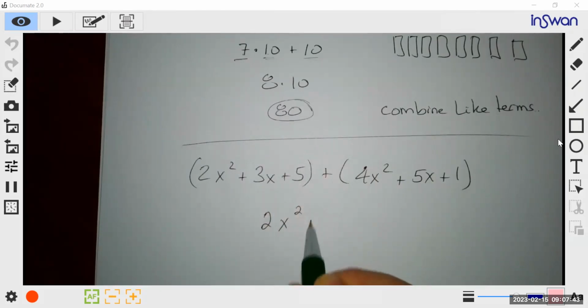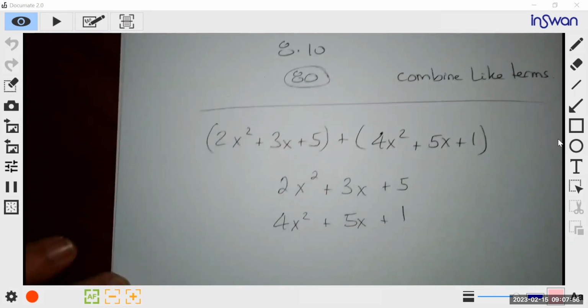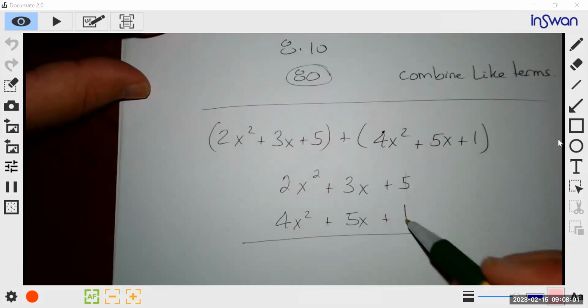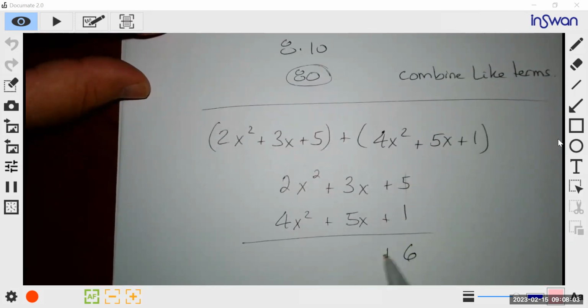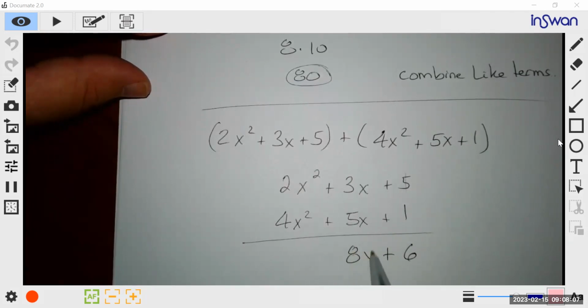Write them on top of each other. So x squareds are here, so it's 4x squared. The x's are the next one, and the ones. How many ones do we have? 5 plus 1 is 6. How many x's? 5 plus 3 is 8 x's. How many x squares? 4 plus 2 is 6.